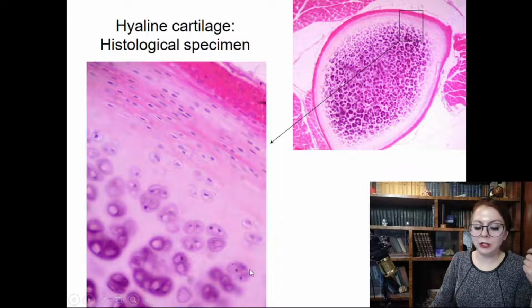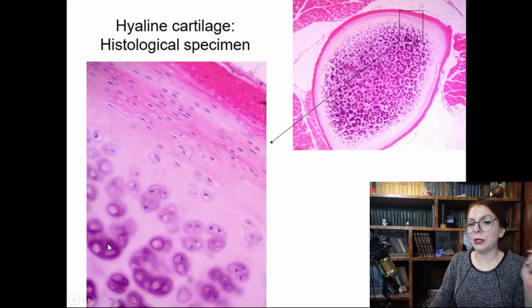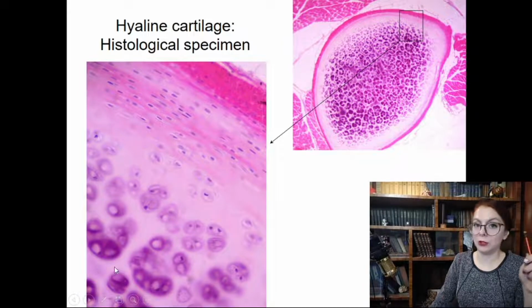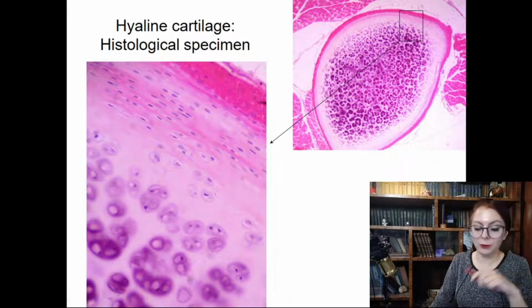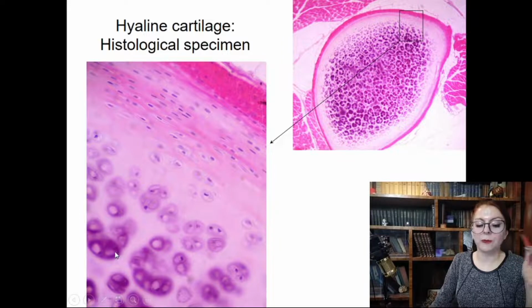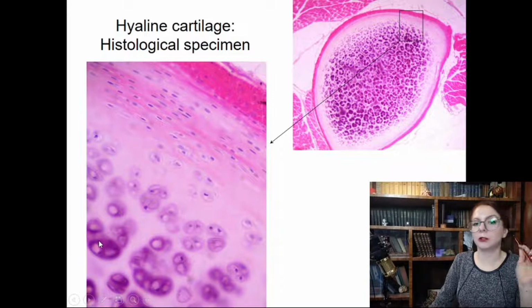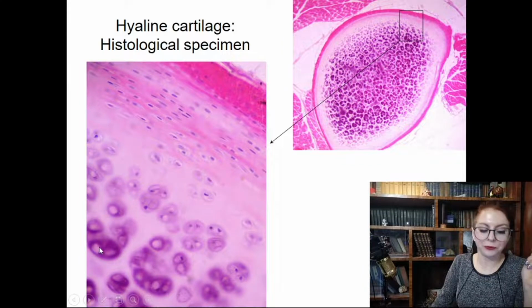Notice that inside the isogenous group, the matrix is much more basophilic, negatively charged, than the matrix between the isogenous groups. So here is the interterritorial matrix, which is more oxyphilic because collagen fibers are there, while inside isogenous groups the matrix is basophilic, and just around the cells it is especially basophilic because this is the capsular matrix.